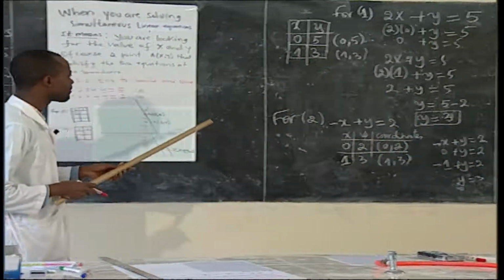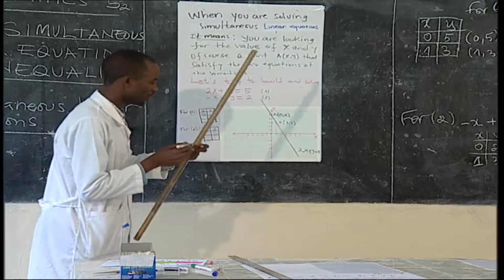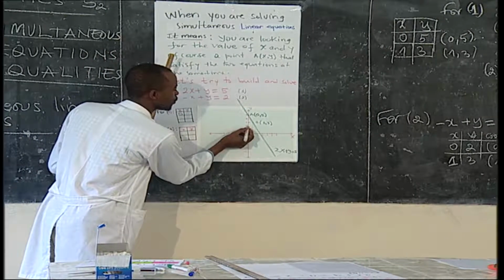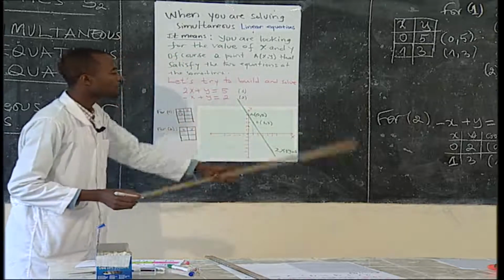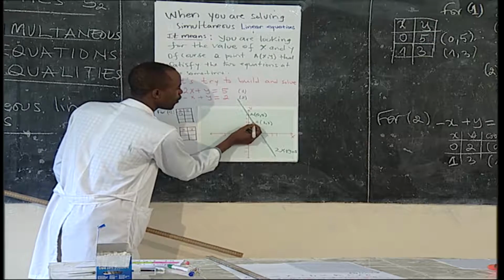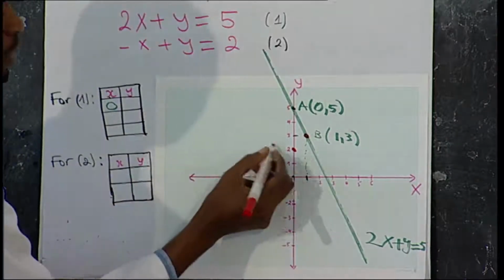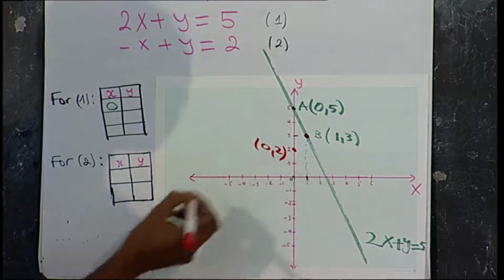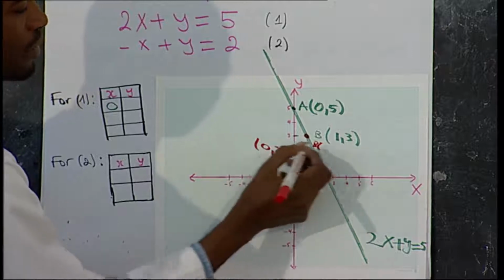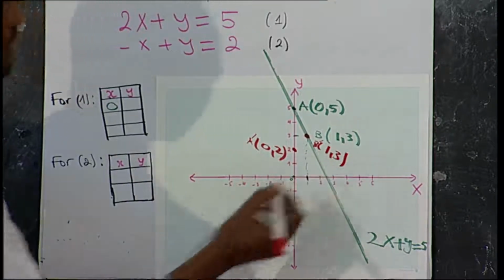We have point number 1. It is 0 and 2: 0 on x and 2 on y. We have also another point, 1 on x and 3 on y. So far we have this point, 0 and 2, and we have another point called maybe B prime, and this one A prime, 1 and 3.